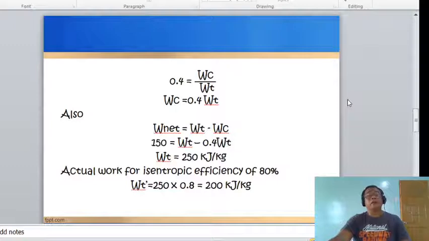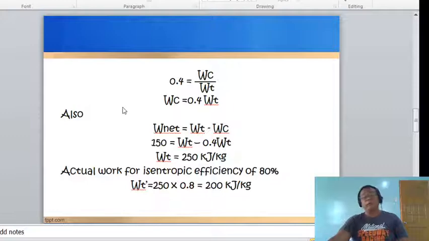Okay, so substituting values now. The back work ratio is given, so 0.4 equals the compressor work over the turbine work. Or getting the compressor work in terms of the turbine work, that is 0.4 times W sub T. So only 40% of the turbine work is the compressor work. Also, net work is equal to the turbine work minus the compressor work.